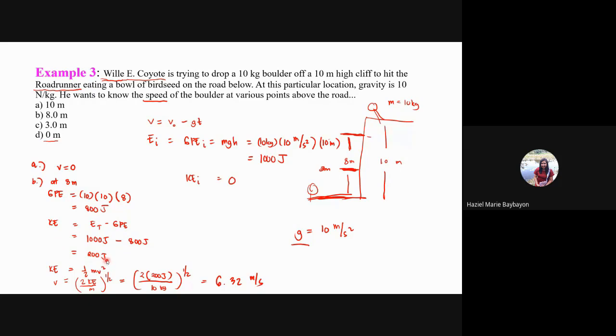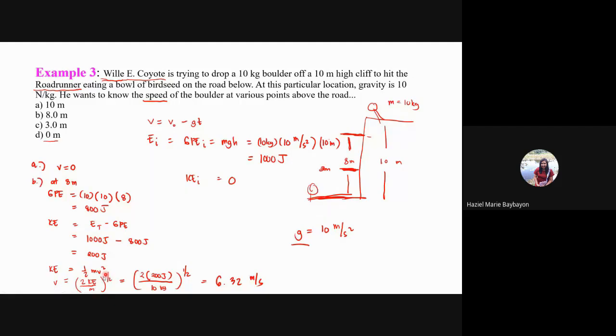Okay, now that we have the kinetic energy, we can then get the speed. So this is our target variable. The speed is equal to 2 KE over m raised to the power of 1/2, or this is equal to the square root of 2 KE over m.